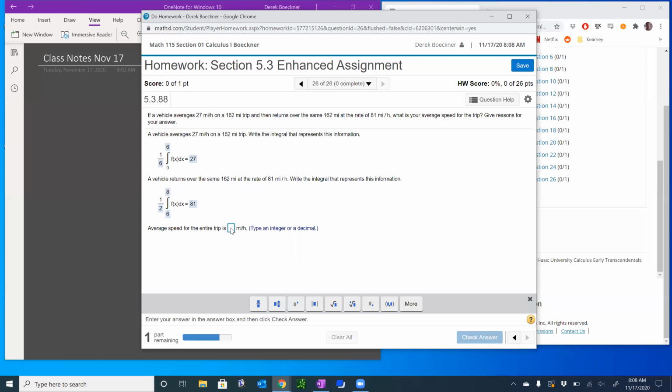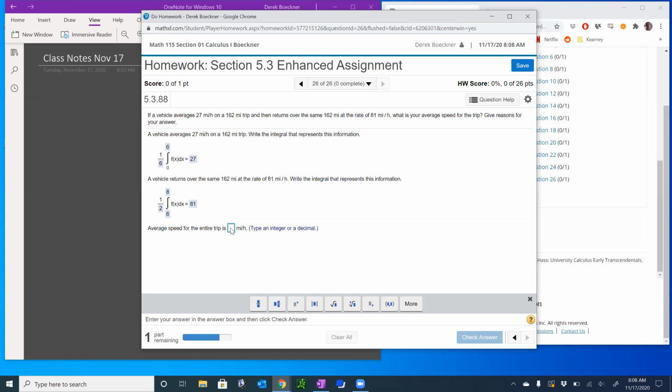And then, so we're going 6 hours at 27 miles an hour and 2 hours at 81 miles an hour. So basically we went, if you do all that, you could do it with a weighted average type thing, or you could just realize that you went 324 miles in 8 hours.